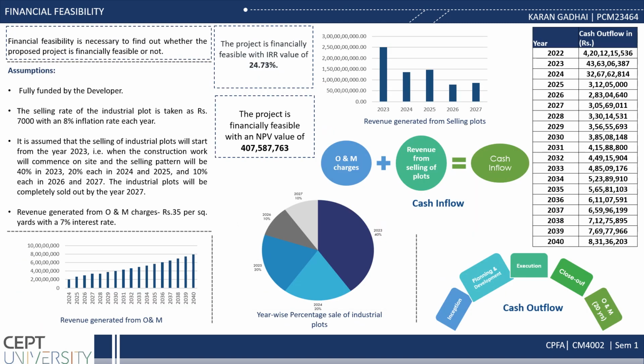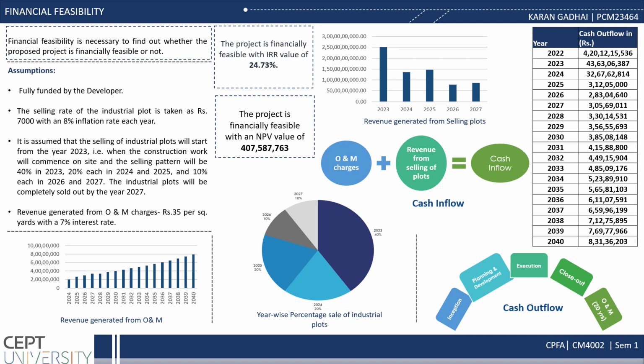Financial feasibility. Financial feasibility is necessary to find out whether the proposed project is financially viable or not. The assumptions made for this project are that the developer is funding the whole project. The plots are sold at rupees 7,000 per square yard with an inflation of 8% every year.